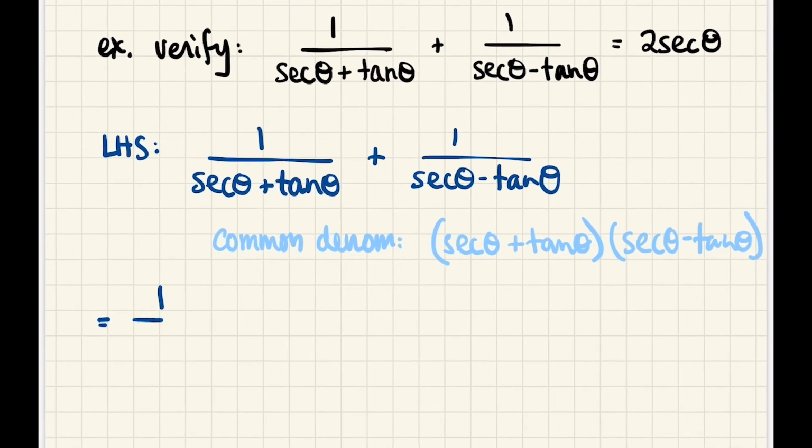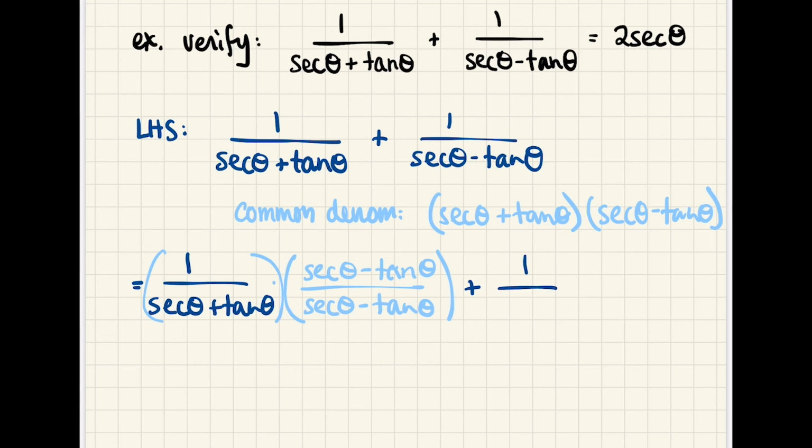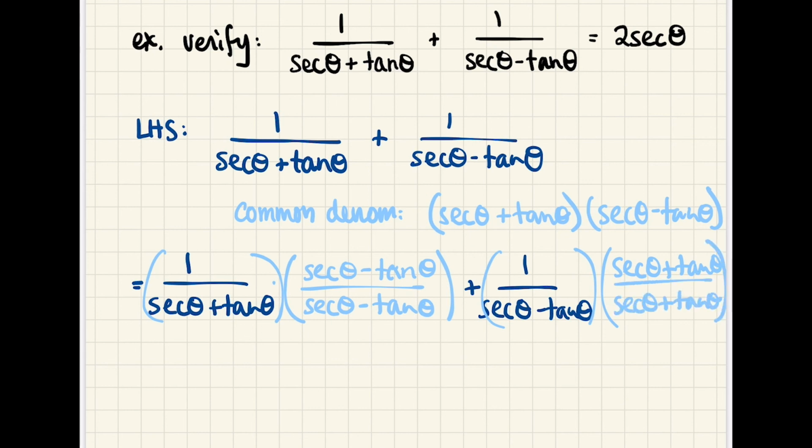So this first one here needs to be multiplied by secant theta minus tangent theta in order to create that common denominator. And the second term needs to be multiplied by secant of theta plus tangent of theta over secant of theta plus tangent of theta in order to create the common denominator on that fraction.